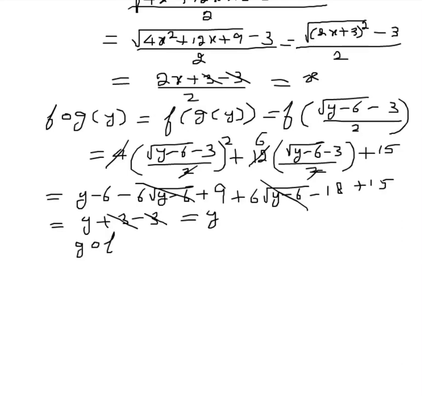So we proved that g composite f of x is x, and f composite g of y is y, because I have to show that it is invertible from N to the range of f. Therefore, f is invertible.